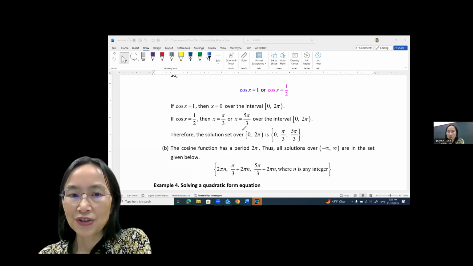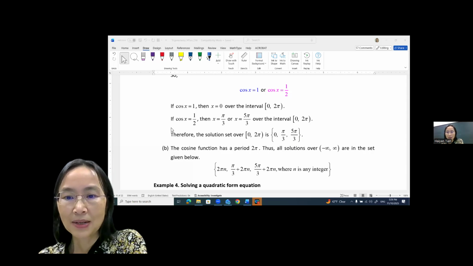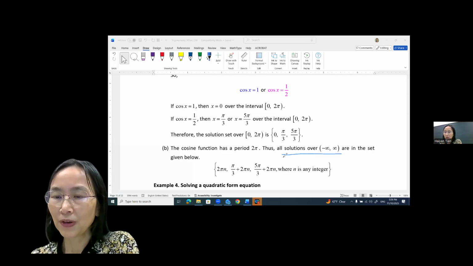So the next question is, can we find all solutions? That is, can we find all solutions over the interval from negative infinity to positive infinity?